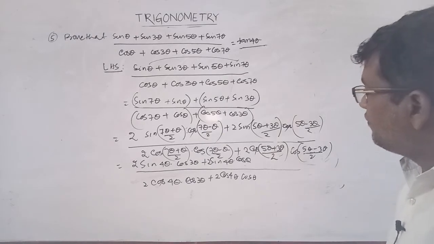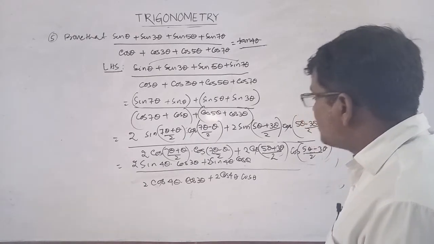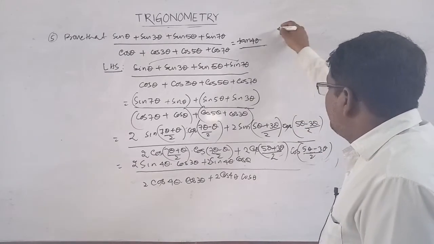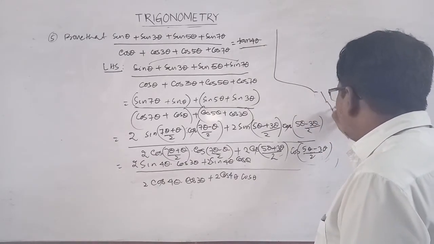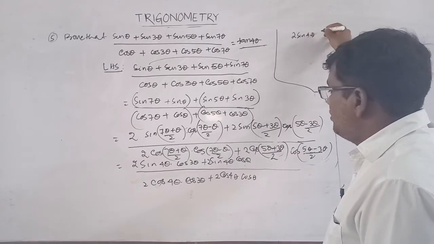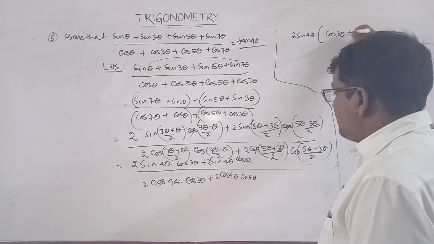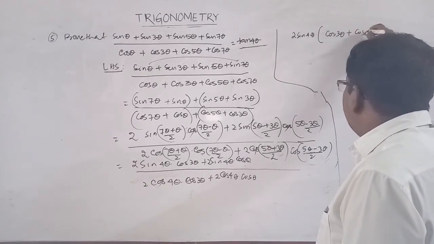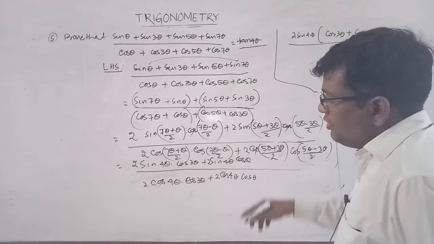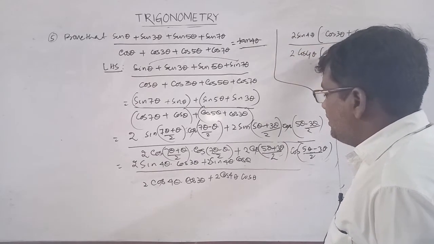Okay, so from the numerator take 2 sin 4 theta common. Here what is left? Cos 3 theta and cos theta. Divided by, from the denominator take 2 cos 4 theta common, and what is here?